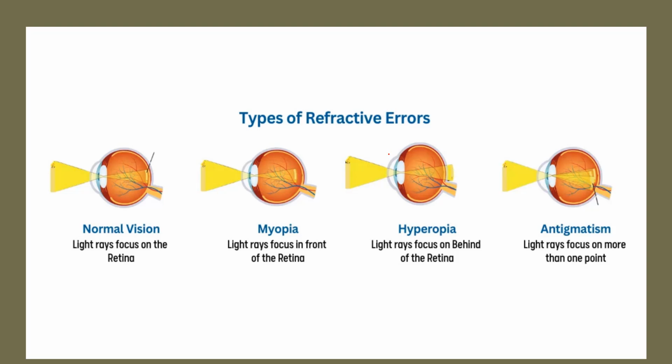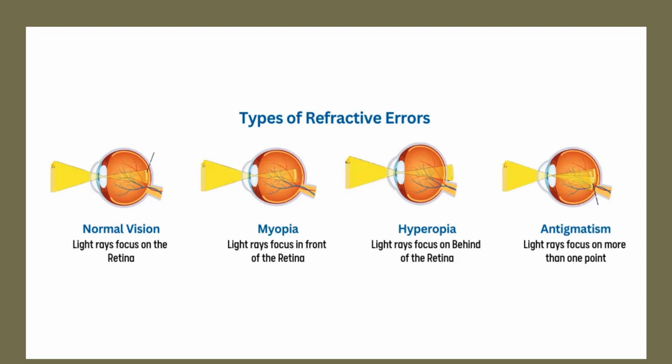Now let's talk about refractive errors or abnormalities. So we have normal vision, where the light is focused on the normal area of the retina. But we have myopia, or what we call nearsightedness, where the light is focused in front of the retina.